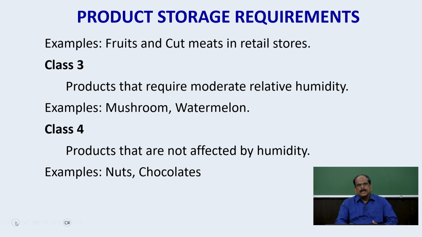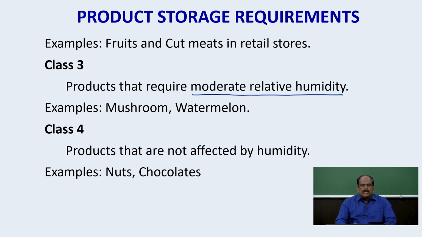Since class 1 commodities require very high relative humidity, this may require high humidity, not very high. It's not moderate. Products which require a moderate level of humidity are classified under class 3. So that is, class 3 is moderate relative humidity. Examples, mushroom and watermelon.